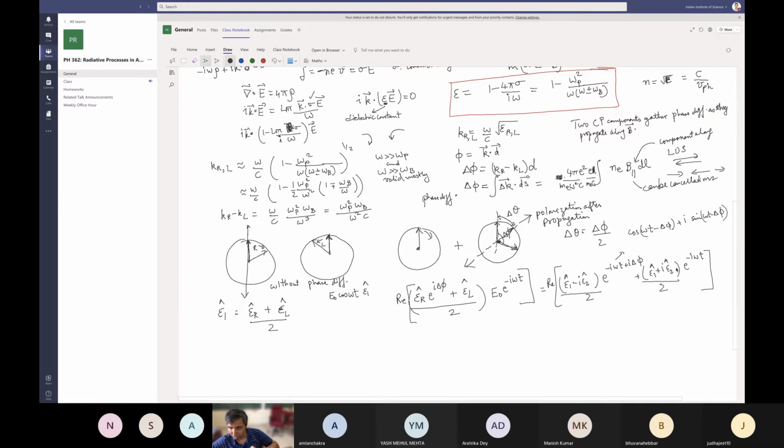And you know, we can actually just set t equal to 0 without loss of generality. So this will just be cos delta phi. If you take the real part of this, it would be epsilon 1 hat cos delta phi.